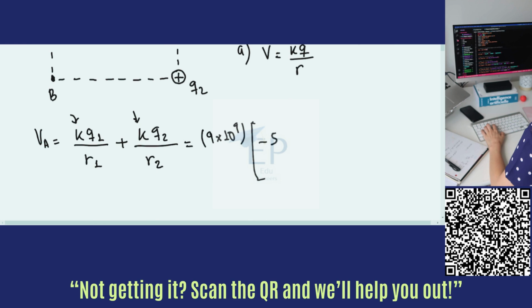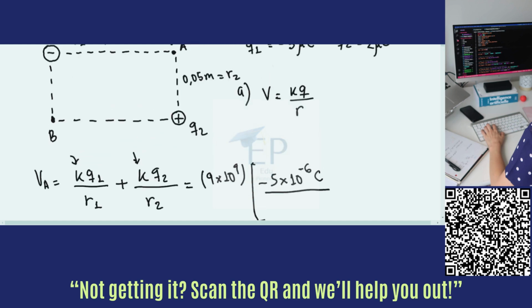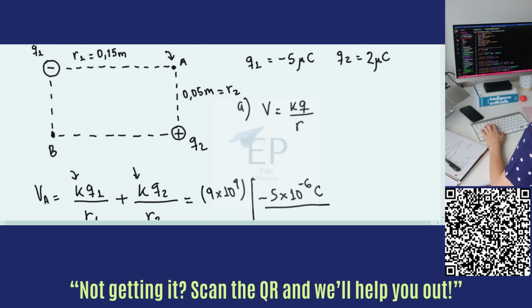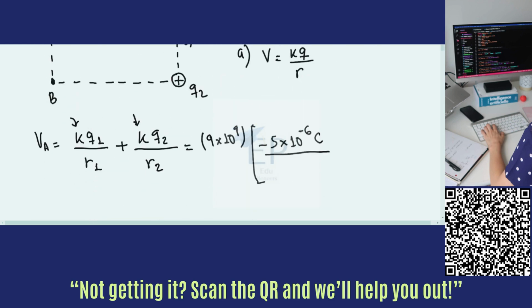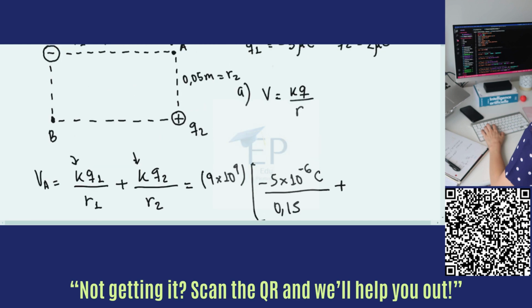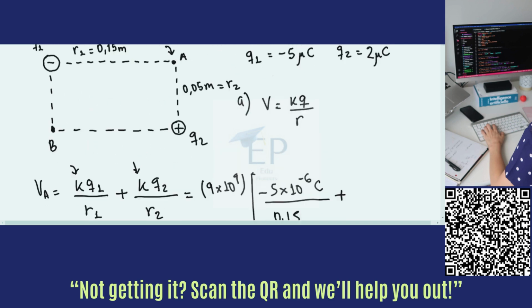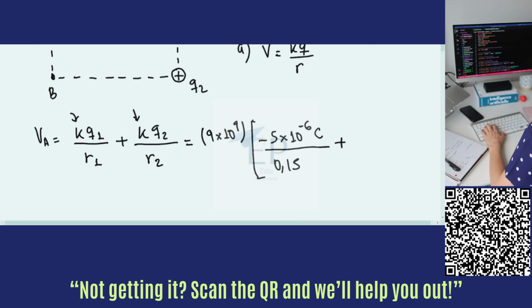So we will have minus 5 times 10 to the minus 6 coulomb over the distance from the point A to the charge Q1, which is 0.05, plus the product of the second charge, the value of the charge over the distance, which is 0.15.